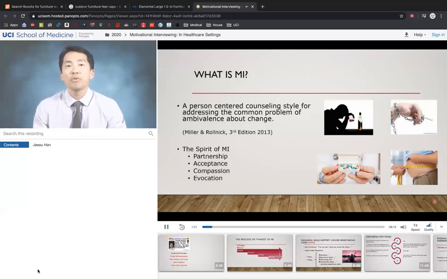The spirit of motivational interviewing is one of partnership, which basically means that we're collaborating with our patients rather than dictating. It's also one of acceptance, recognizing that patients make the final decisions about their own healthcare, and that we need to accept that autonomy. Compassion, which is that everything that we do is in the best interest of the patient, and that we're not doing anything that the patient does not want to do.